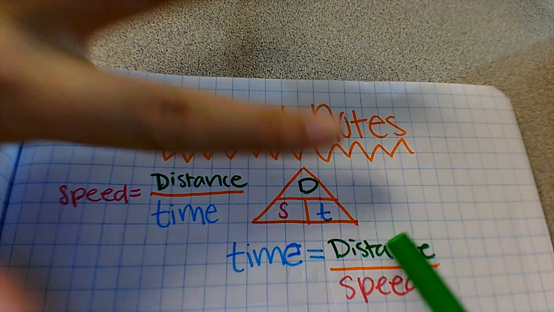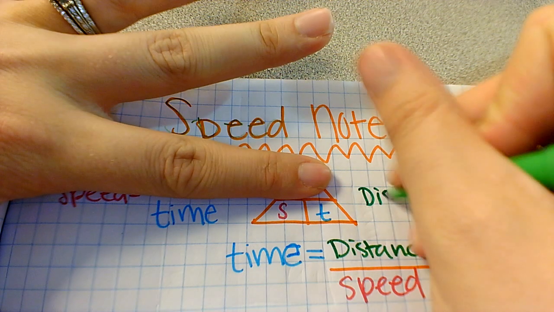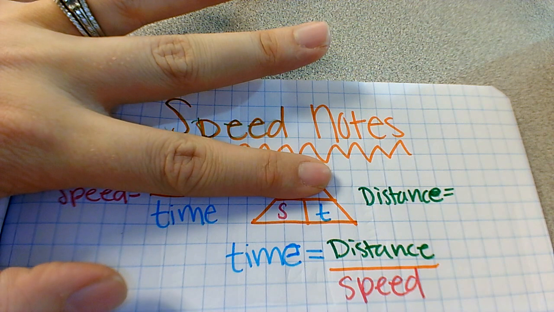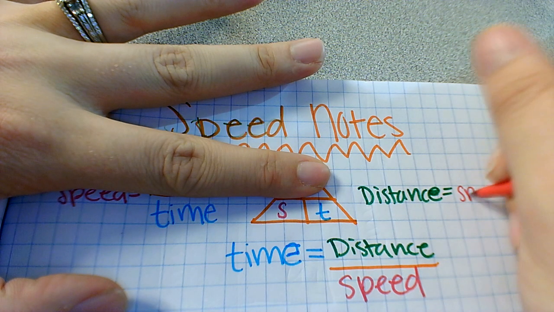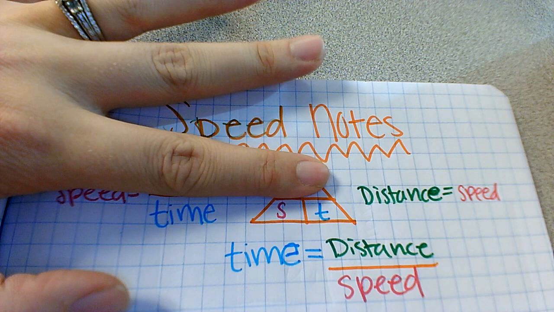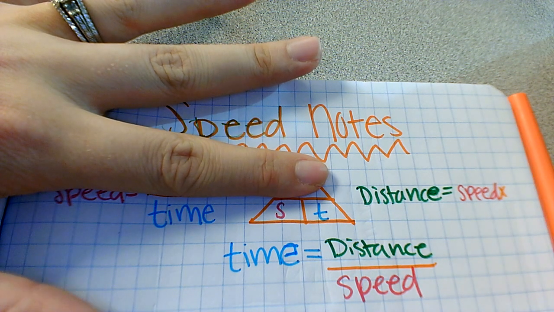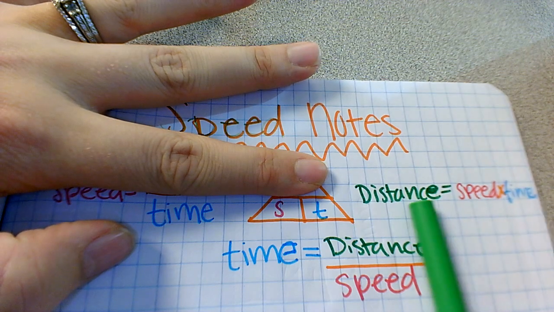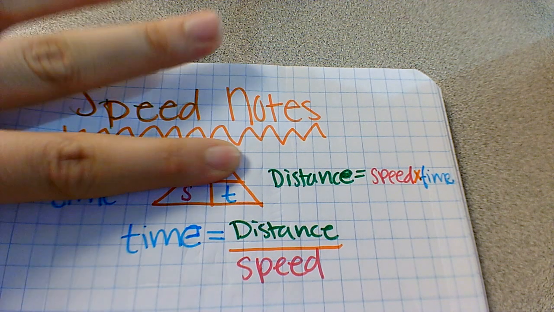And when you cover the top part up, so you're looking for distance, it's speed times time. Speed times time. Okay?